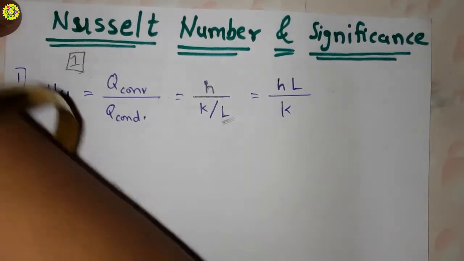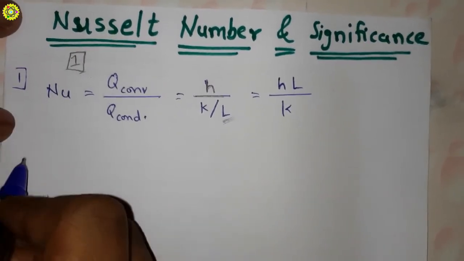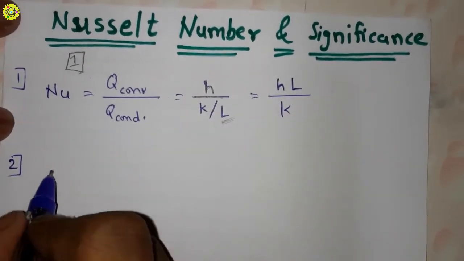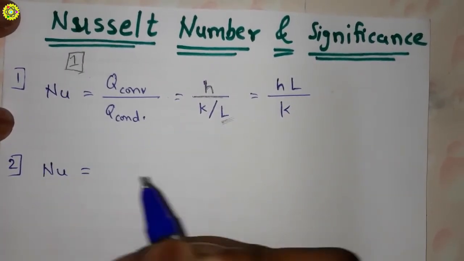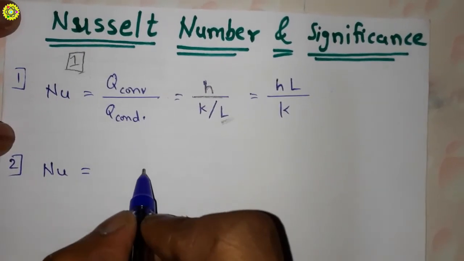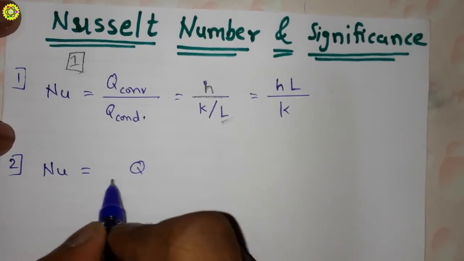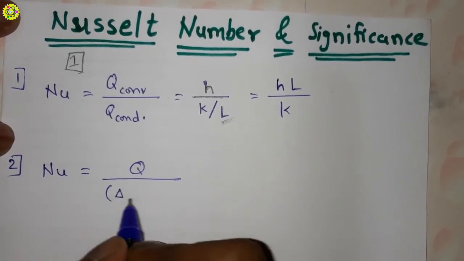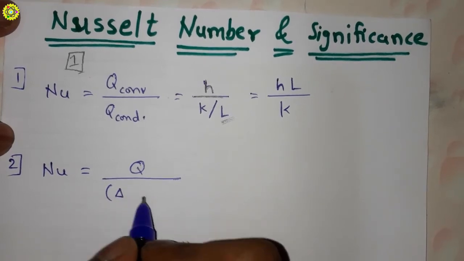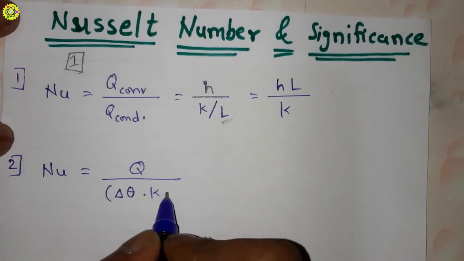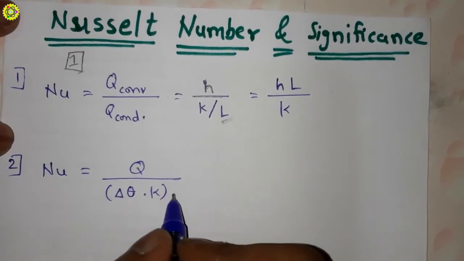Now, the second definition. Here Nu is equal to Q upon, in brackets, del theta upon L into K, bracket closed.